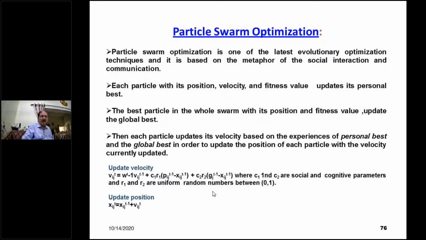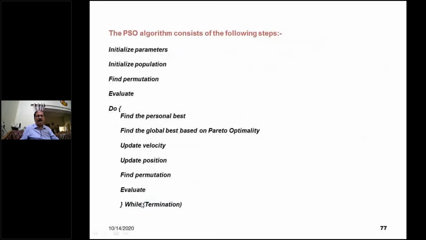So you update the velocity of a bird or a particle using this velocity, and the positions are changed. The position values are operated like this. So it uses only these two equations. So this is the PSO algorithm.